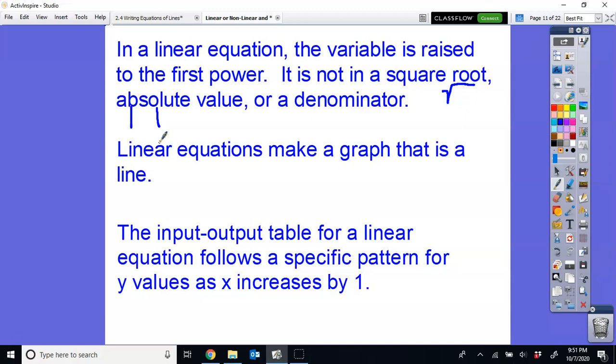The input-output table for a linear equation always follows a very specific pattern for y values as x increases by 1. That's a fancy way of talking about something you've probably talked about before, called the slope. The slope of a line is truly what makes something linear.